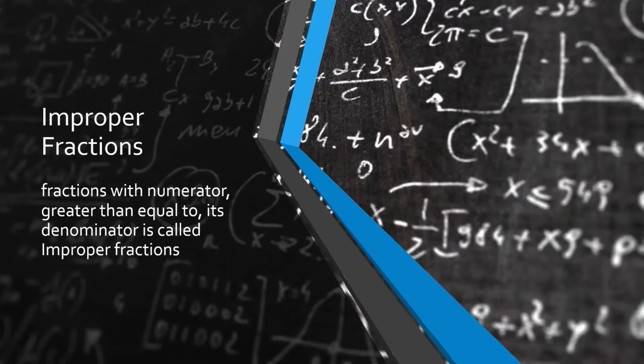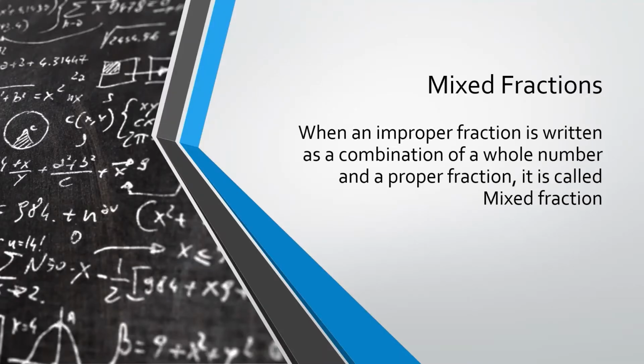We also discussed improper fraction. The fractions with numerator greater than or equal to the denominator are called improper fractions. So you understood 2 by 5 is our proper fraction. The moment we change it to 5 by 2, here 5 is your numerator and 2 is your denominator, 5 by 2 is your improper fraction.